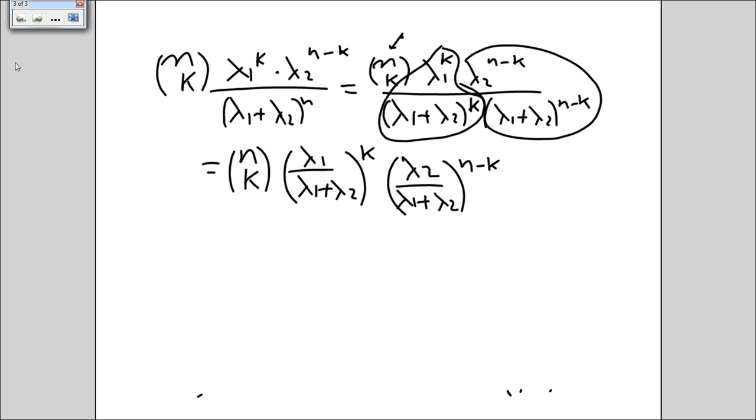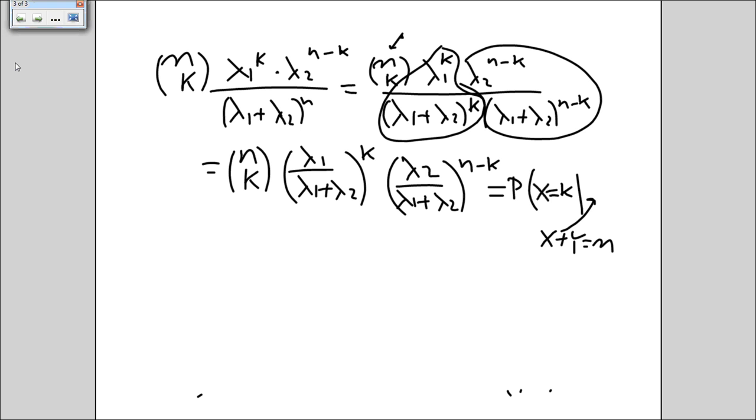And we know that this last line is equal to the probability that x is equal to k, given that x plus y is equal to n. Okay, so this is just a plug-in type of problem.